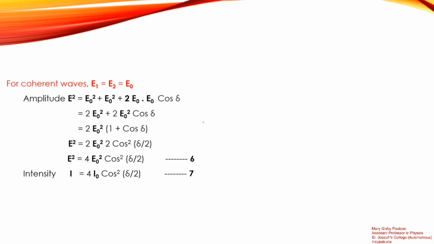Now we are going to consider two cases where the values of the phase difference give meaning. In case 1, let the phase difference δ be an even integral multiple of π, that is 2nπ.